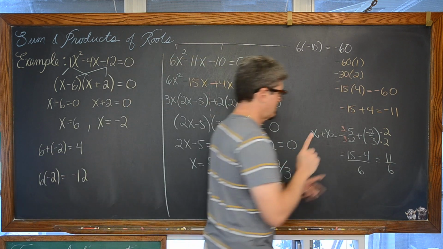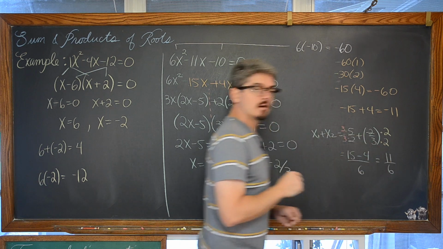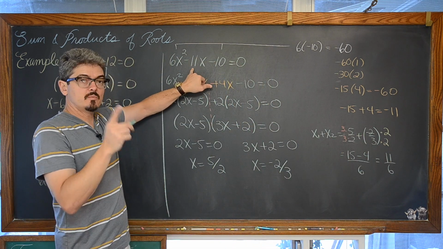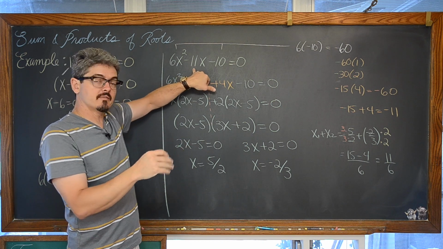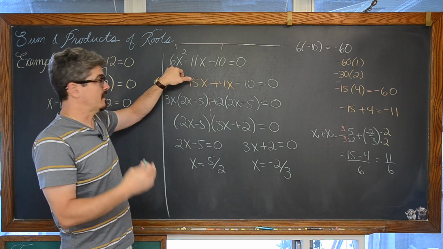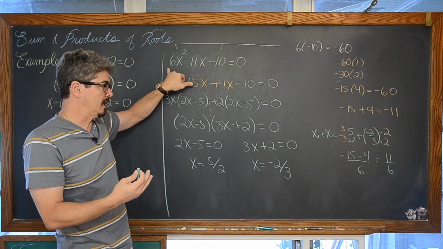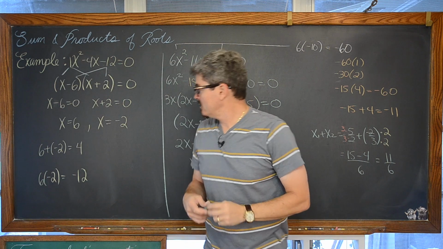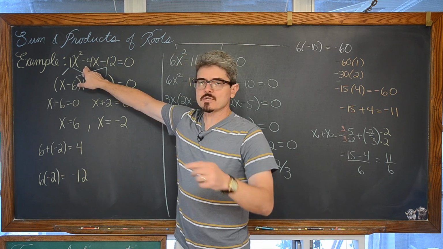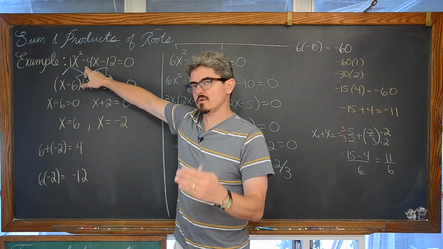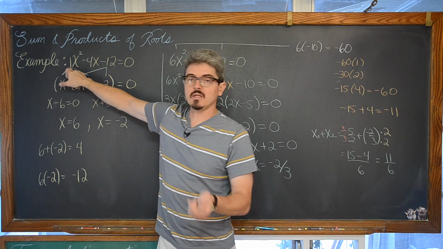Now, the sum of our 2 roots: we have 11, almost, negative 11 is our coefficient of b, and we have 6, which is our coefficient of a. And over here, the sum of our 2 roots gave us 4. Well, it looked like we were just looking at the opposite of the middle term, but that's simply because our leading coefficient is 1.